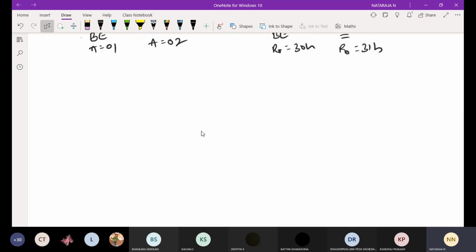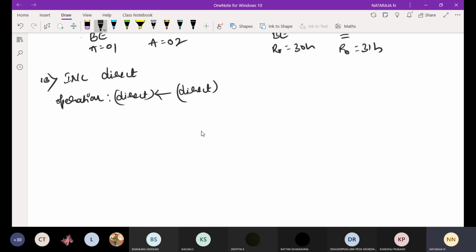Next instruction, the 13th: increment direct. The operation behind this instruction is that we store the data in the direct location as direct plus 1.